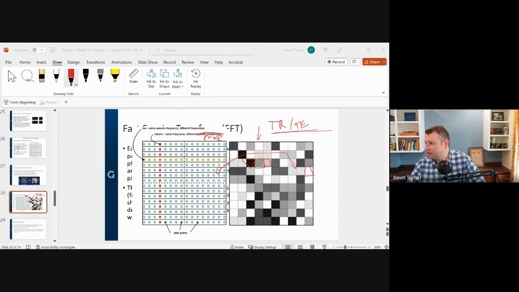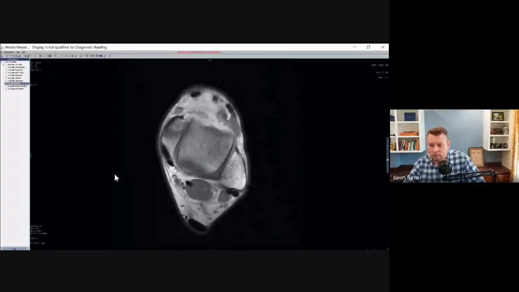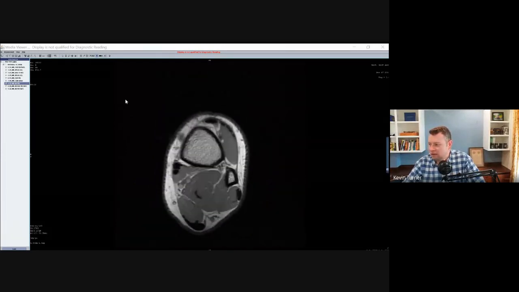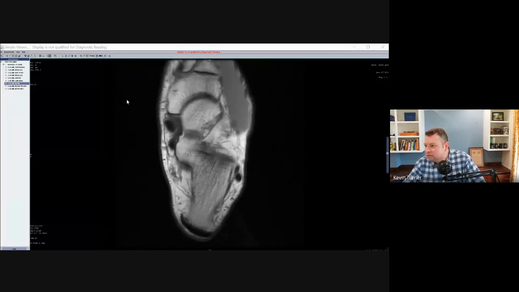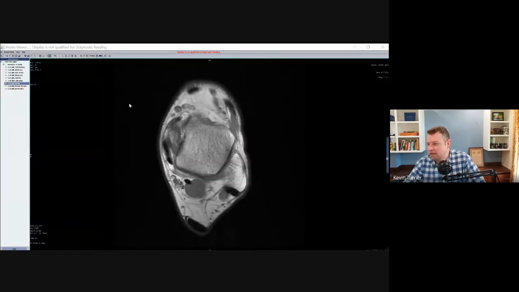So for instance, if we look at these two, here we have this axial of the ankle, right? And this is a proton density weighted axial of the ankle.